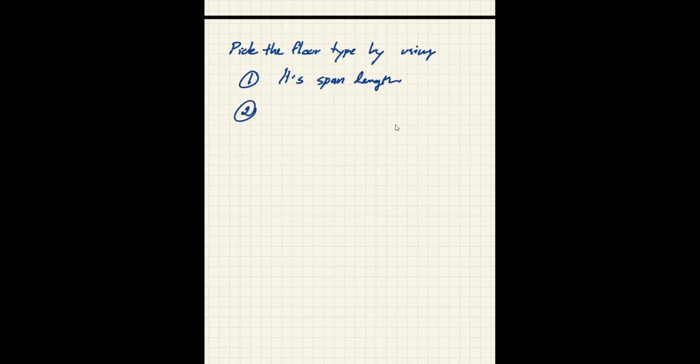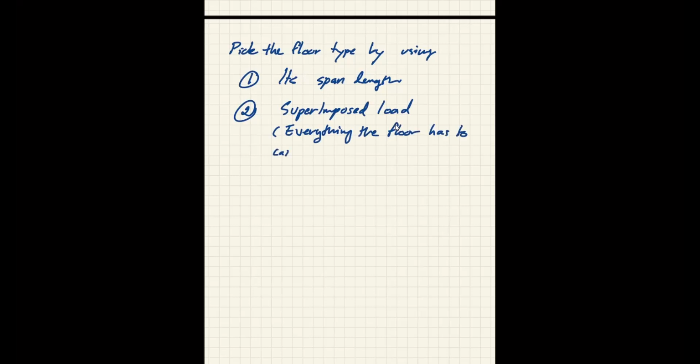Second, its superimposed load. So, which means everything the floor has to carry.